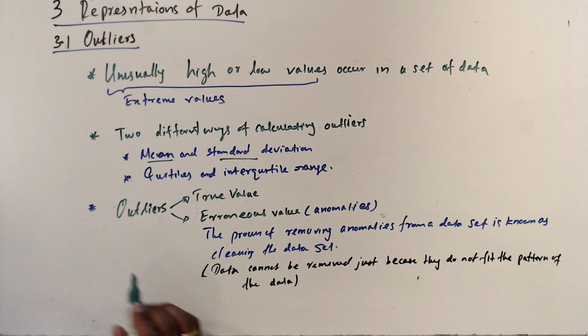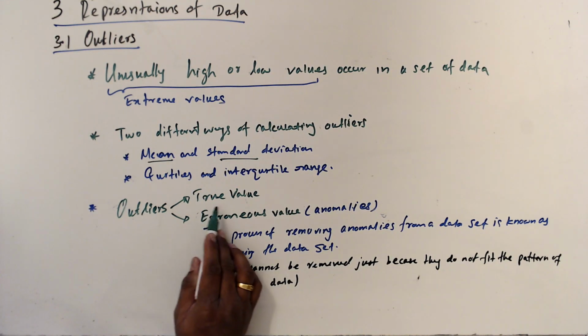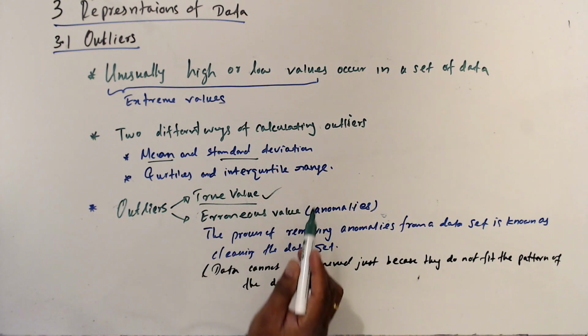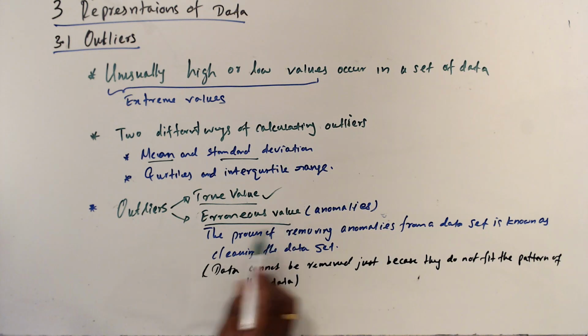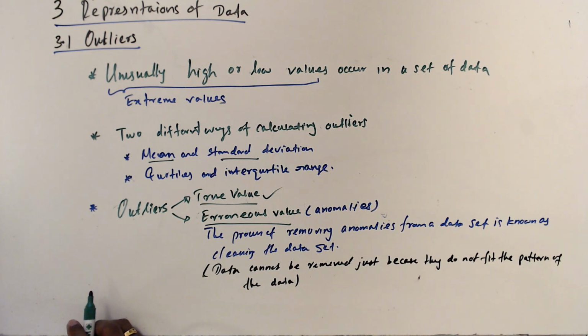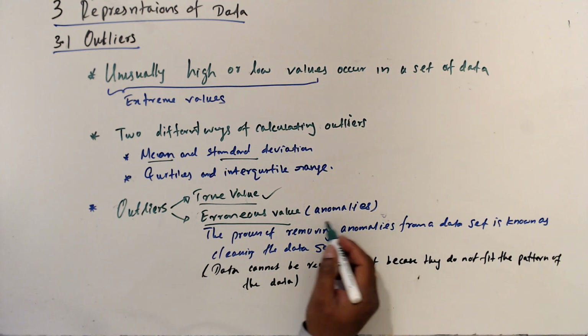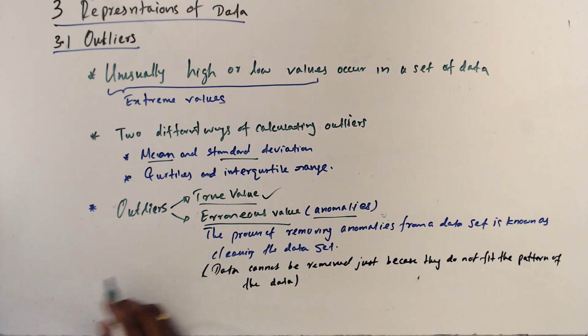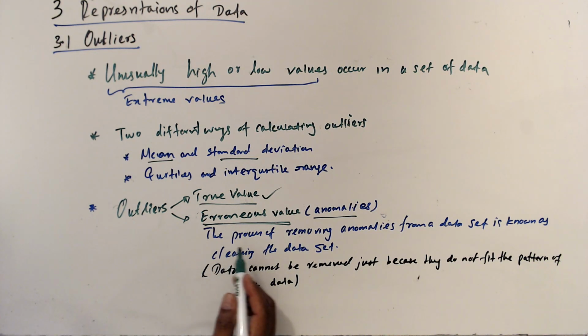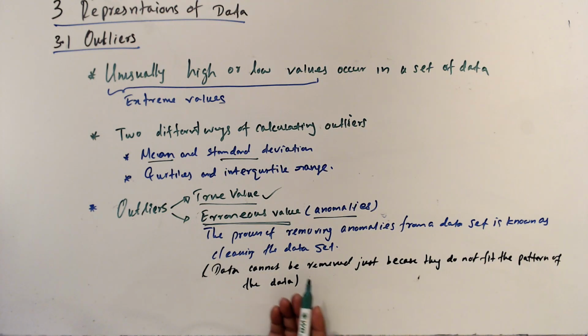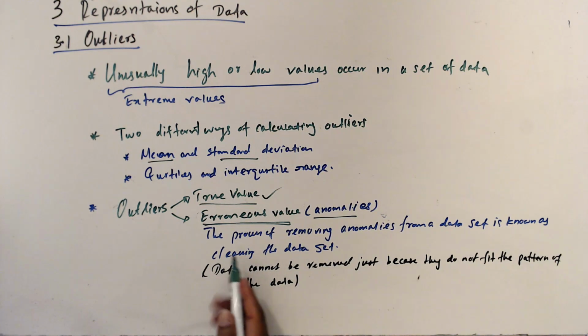Sometimes outlier values can be true values, or sometimes they are erroneous values. We call those anomalies, erroneous values due to maybe a recording error or some other reason. If there is an erroneous value, we have to remove it, or clean the data.